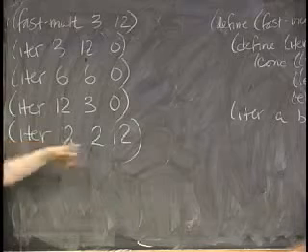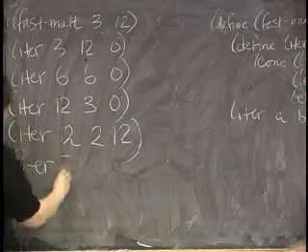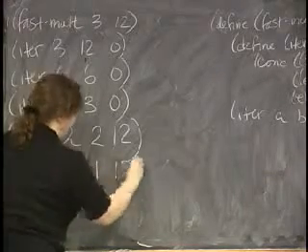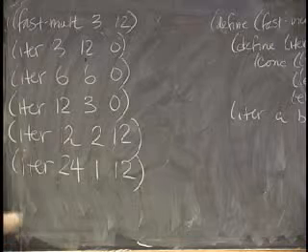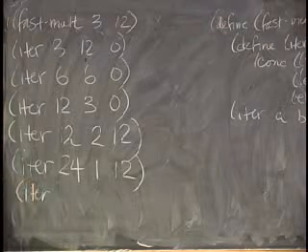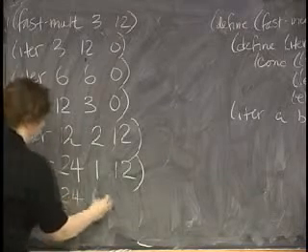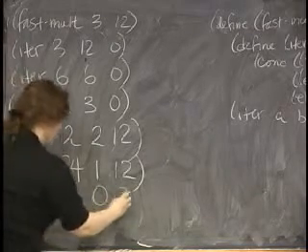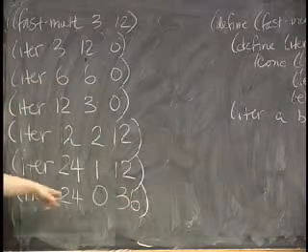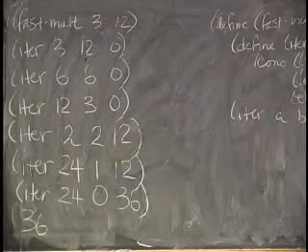B is not 0, but B is even. (24, 1, 12). B is not 0 yet. It is not even. So we iter on A, B minus 1, A plus the result. B is now 0. We return the result.